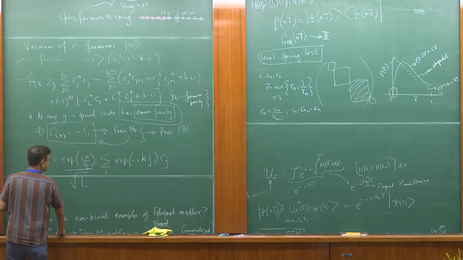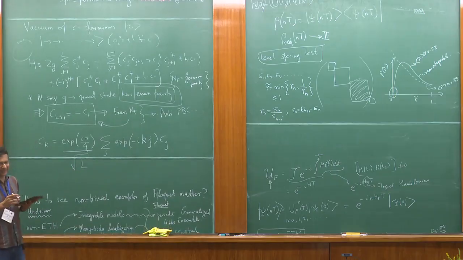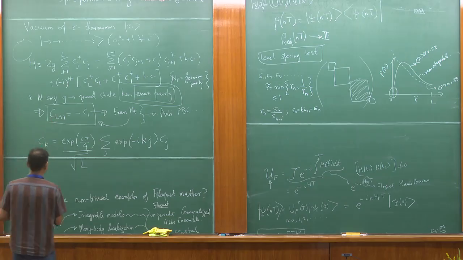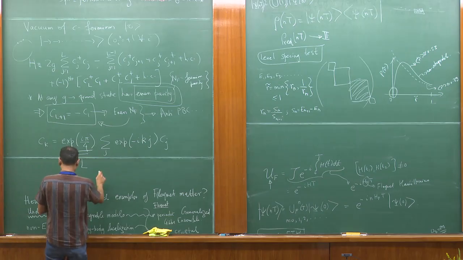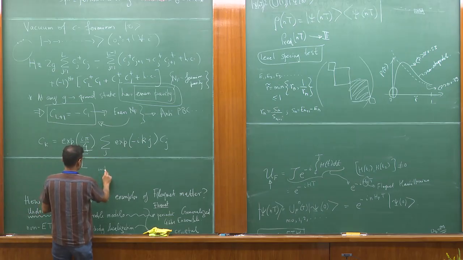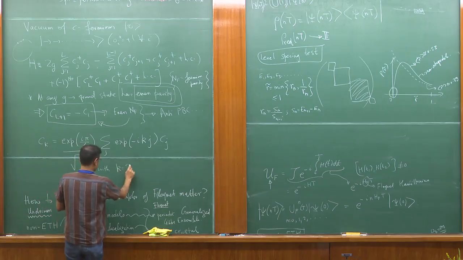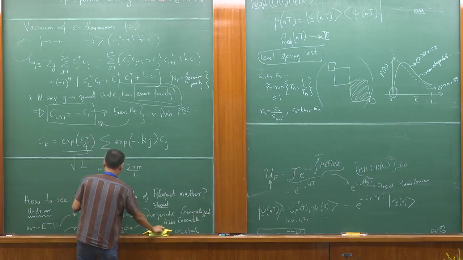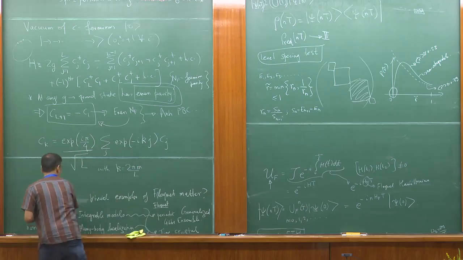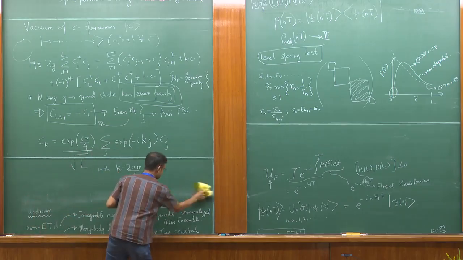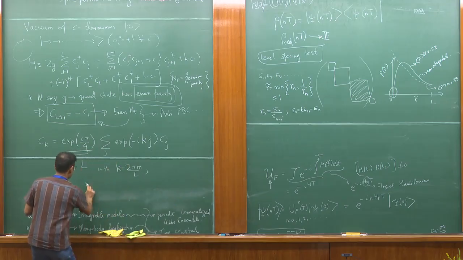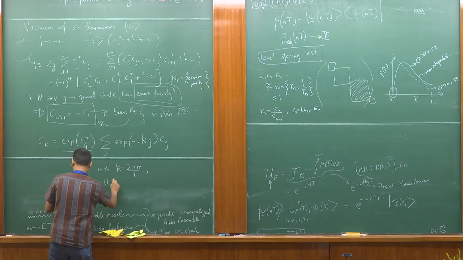And let me be completely explicit, because I said I'll give you enough detail so that you can literally compute the thing, right? So I'll give you all the necessary details. So this k is 2 pi m by L, where this m are these integers.